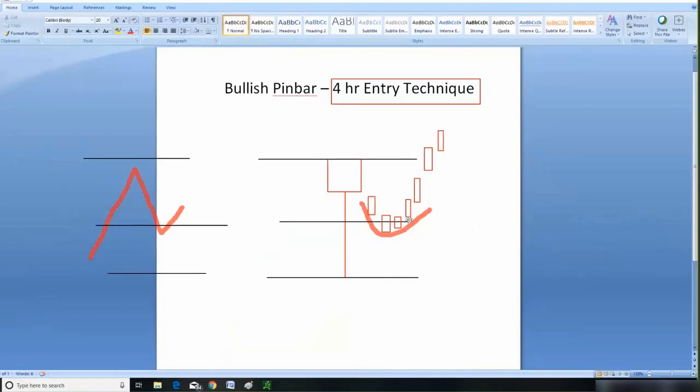right here. Okay, some people might take, if there's a bullish pin bar right here in this area, they might take that, okay? But some traders, what they'll do is they'll actually just see this W pattern like this and wait for it to break and then test.